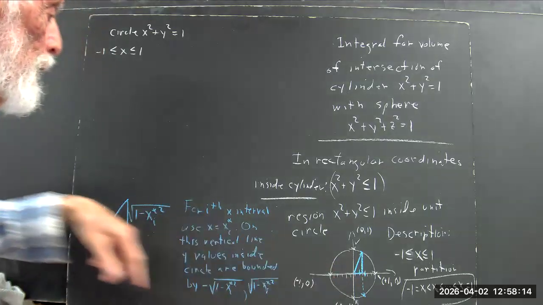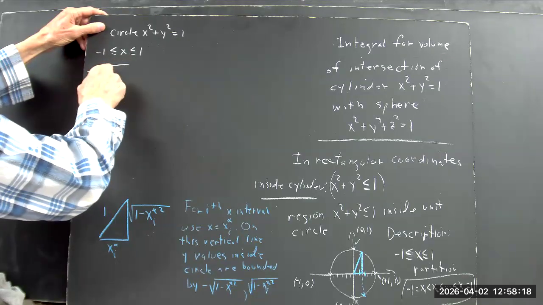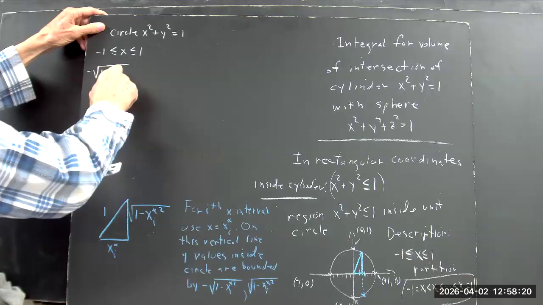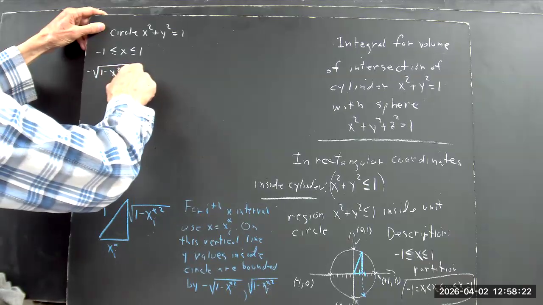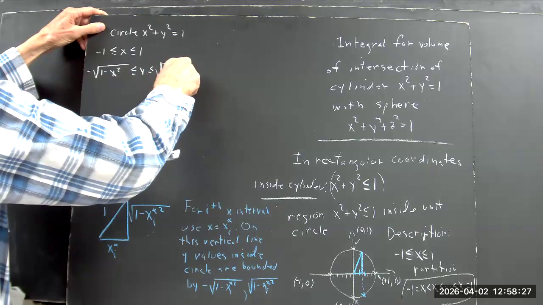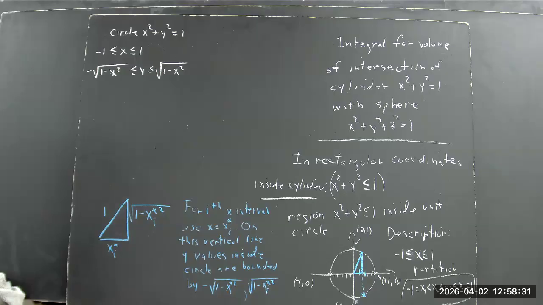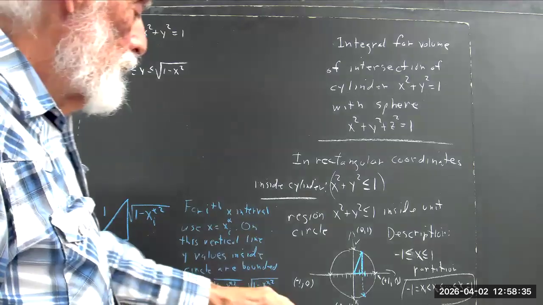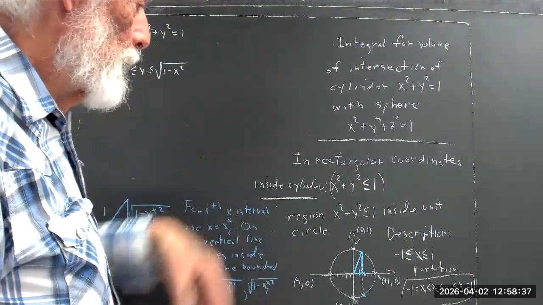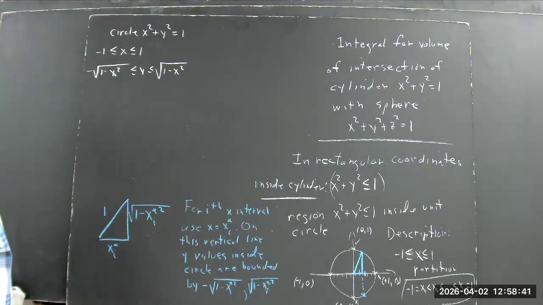If you know what x is, you know that y goes for that x from negative square root of 1 minus x squared to the square root of 1 minus x squared. And eventually, if you write out partitions enough, you understand how that relates to partitions.